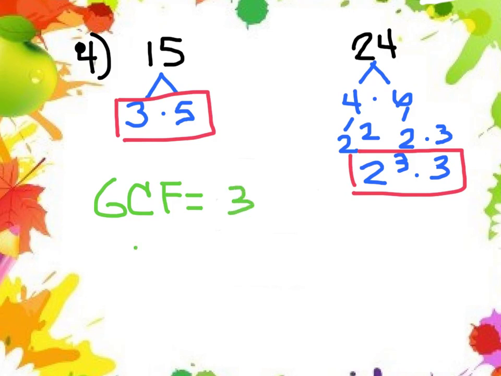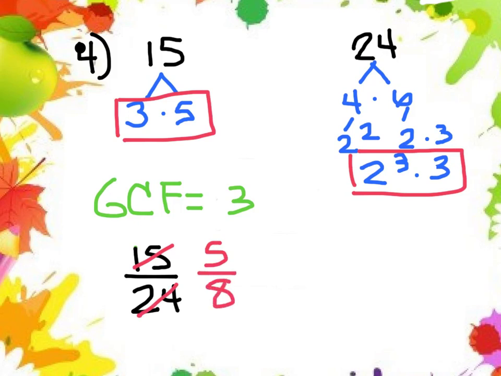So that means that if I was to have a fraction such as 15 over 24, the 3 will be the one that will be reducing this into 5, and this 24 into 3 will be 8. And that's the simplified form of 15 over 24, because the greatest common factor is 3. That means both numbers are divisible by 3.